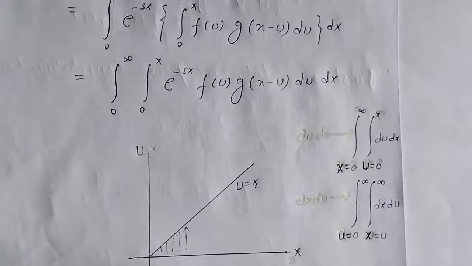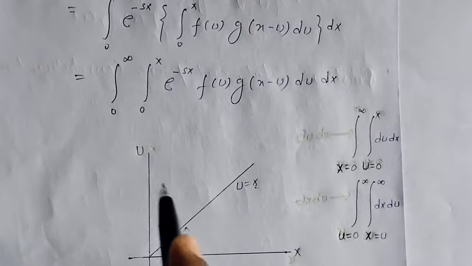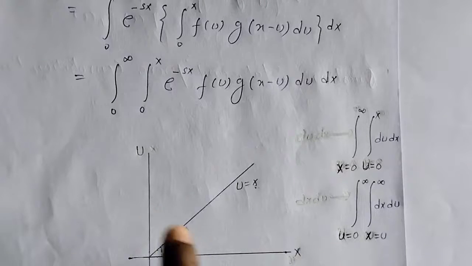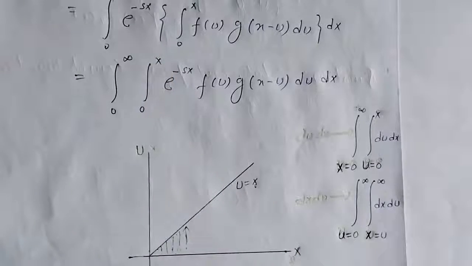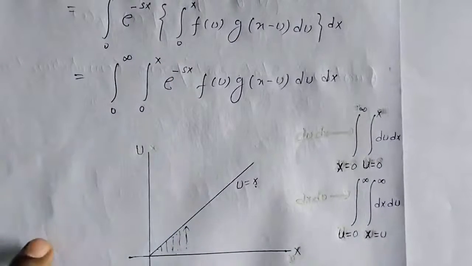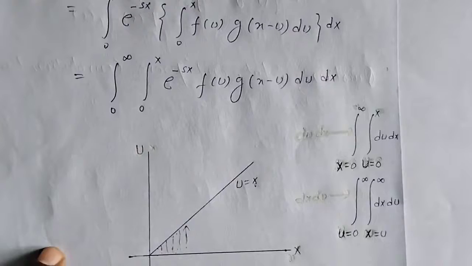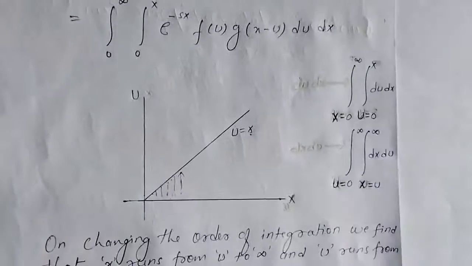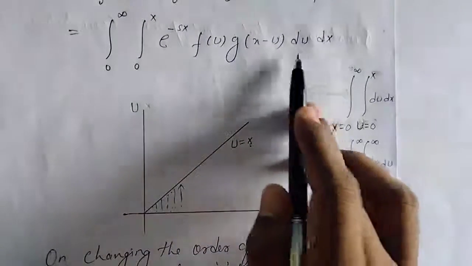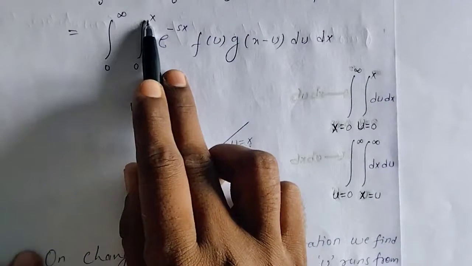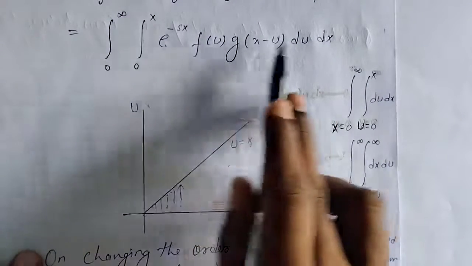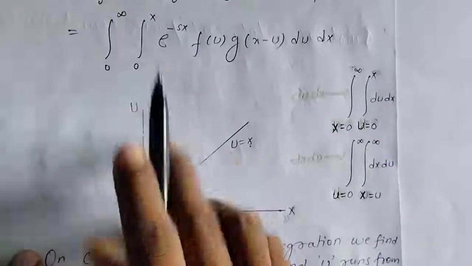In this convolution theorem, the main difficulty is knowing the limits of integration after changing the order. Let me explain how we will change the order of integration. You can see here u is integrated from 0 to x, and x is going from 0 to infinity.